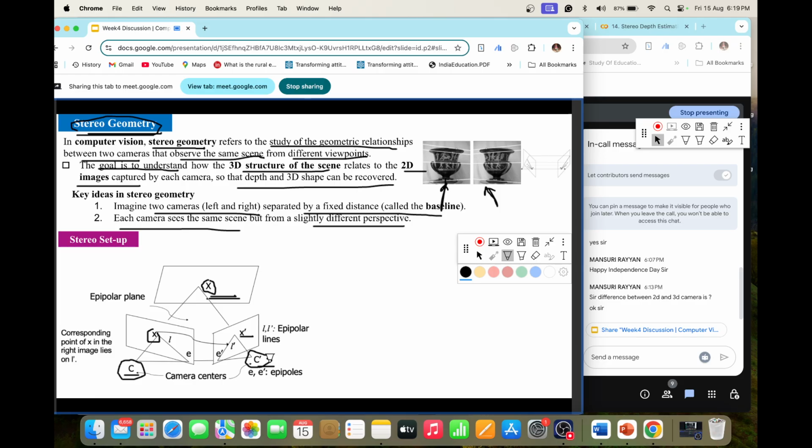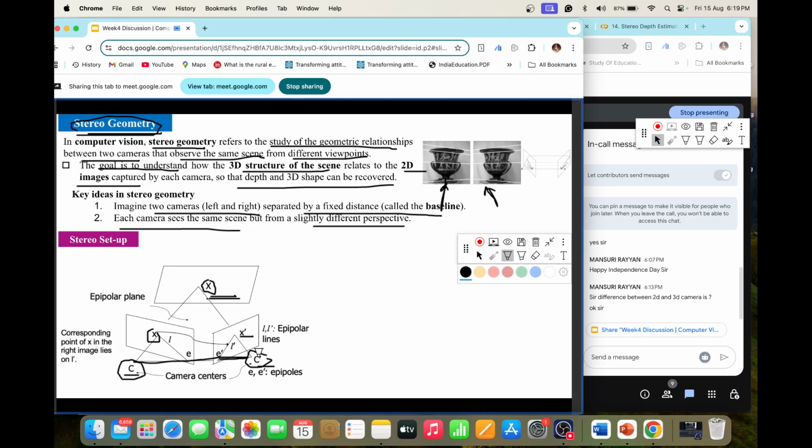Now there is a term known as baseline. The line connecting the left camera center with the right camera center, this line C C dash, is known as your baseline.